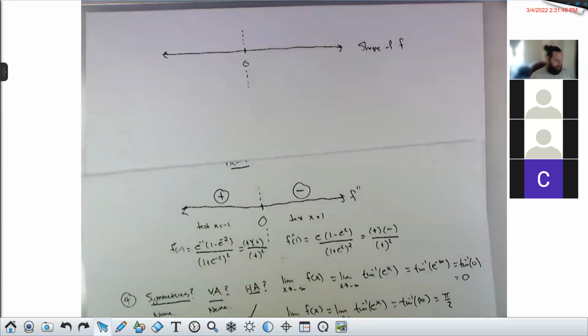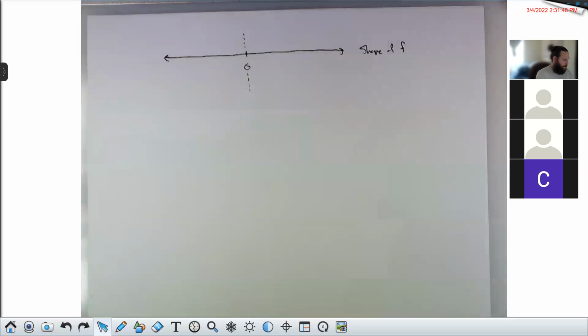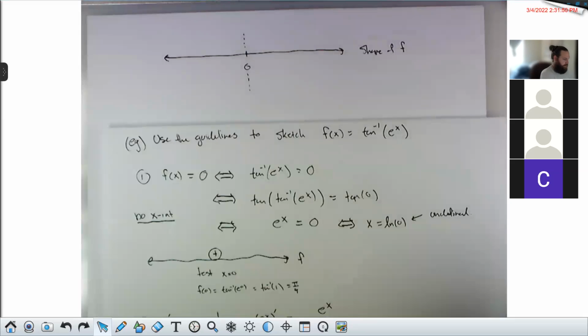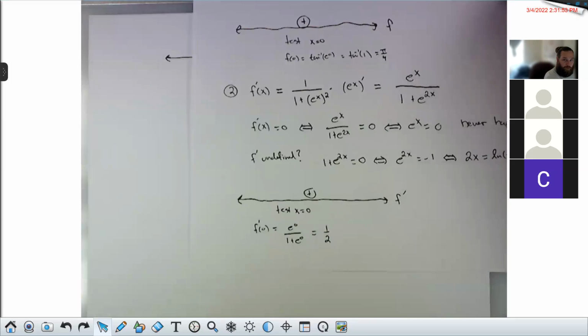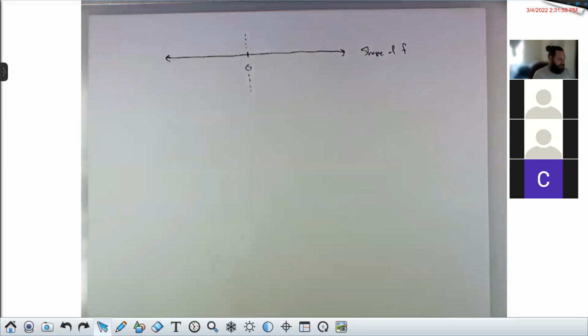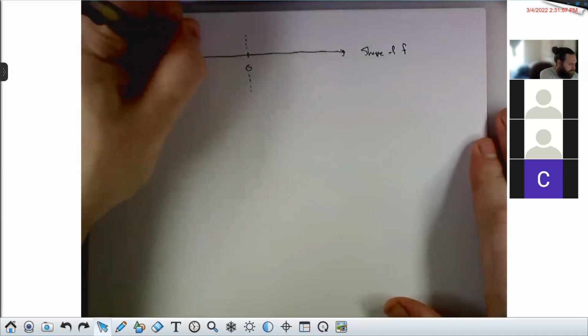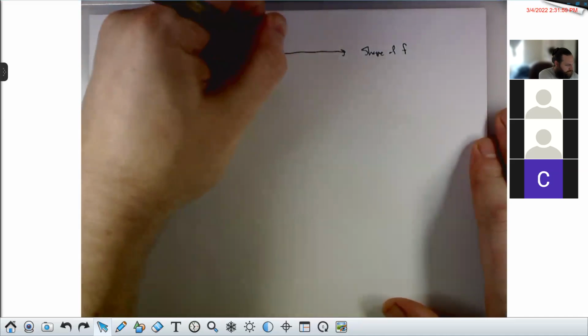So here's that, and here are the other two. Both f and f primed were always positive.